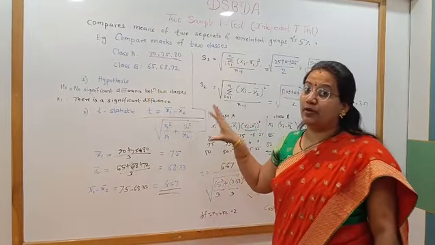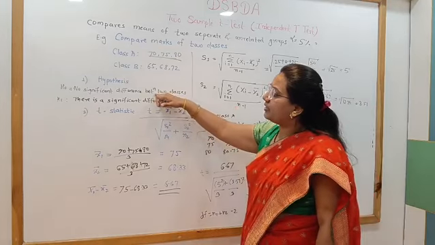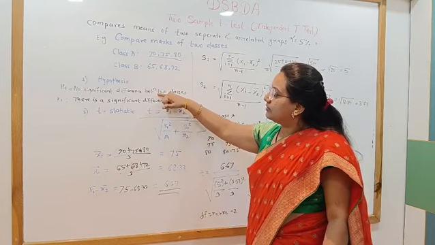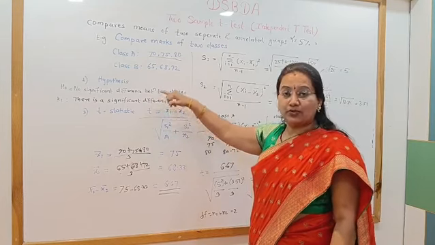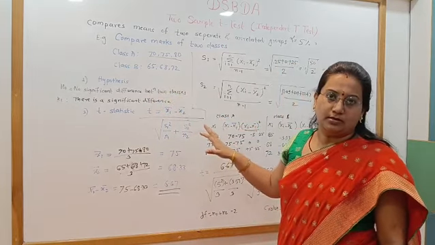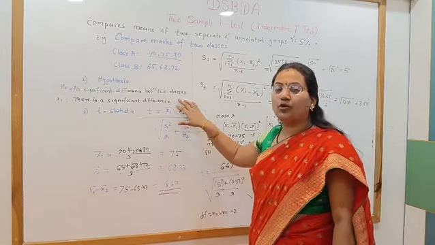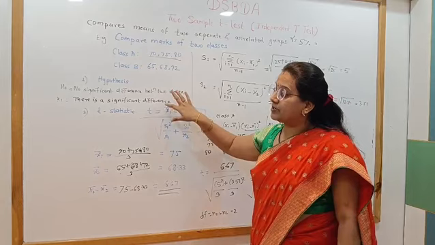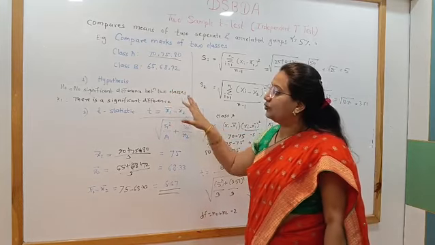Here we do not use the words not equal to, because already in H0 we define that there is no difference. This is opposite to this sentence. That's why this is a two tail test. Here I am not using the not equal to word, but it is a reverse of the H0. That's why it is a two tail test.